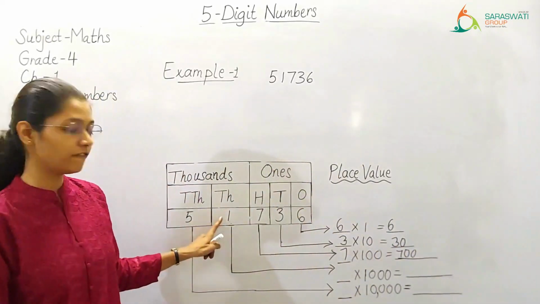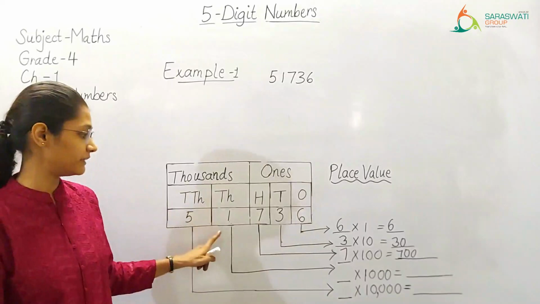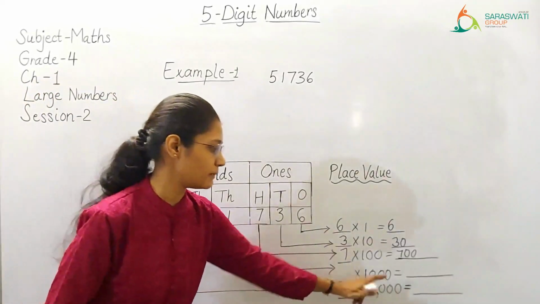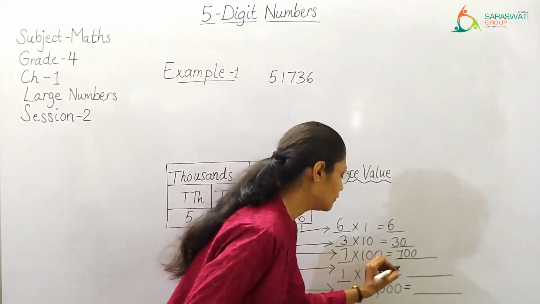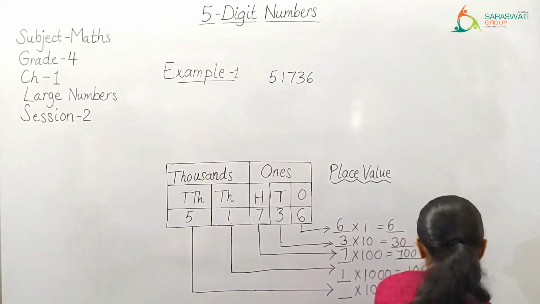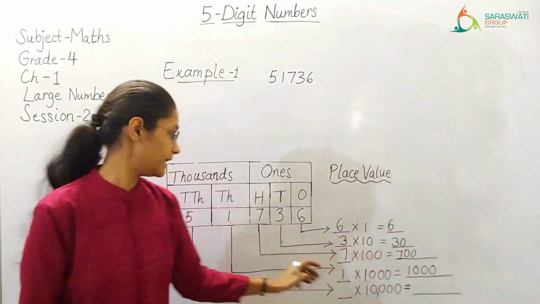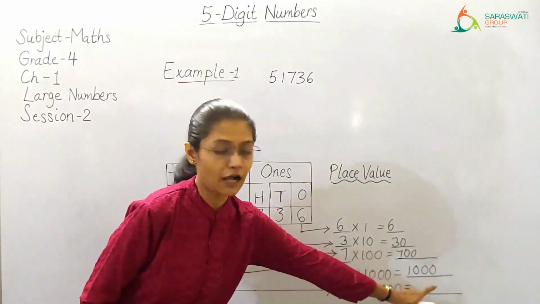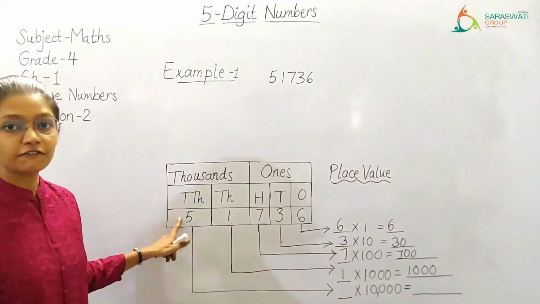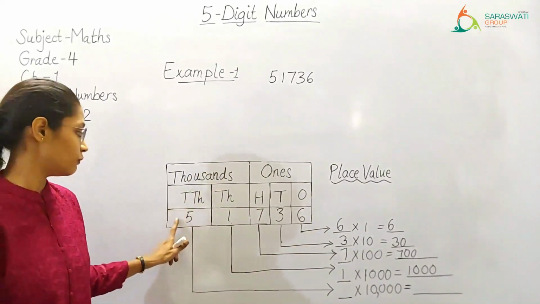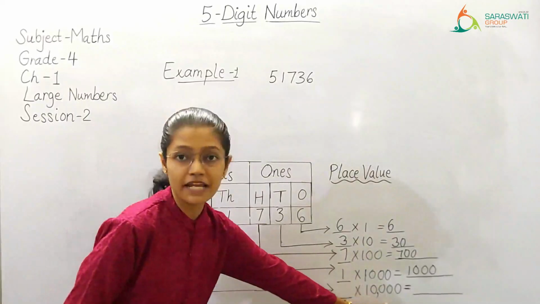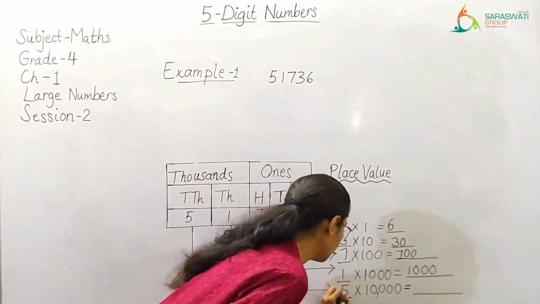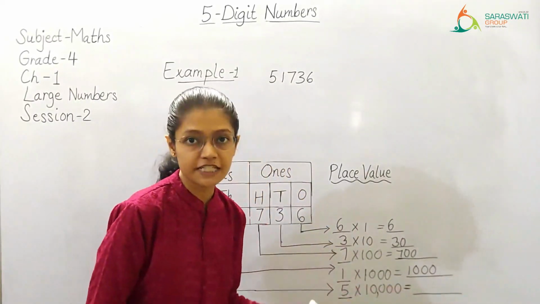Then place value of digit 1 at 1000's place will be 1 multiplied by 1000. So place value of 1 will be 1000. Then place value of 5 at 10,000's place will be 5 multiplied by 10,000 equals 50,000.